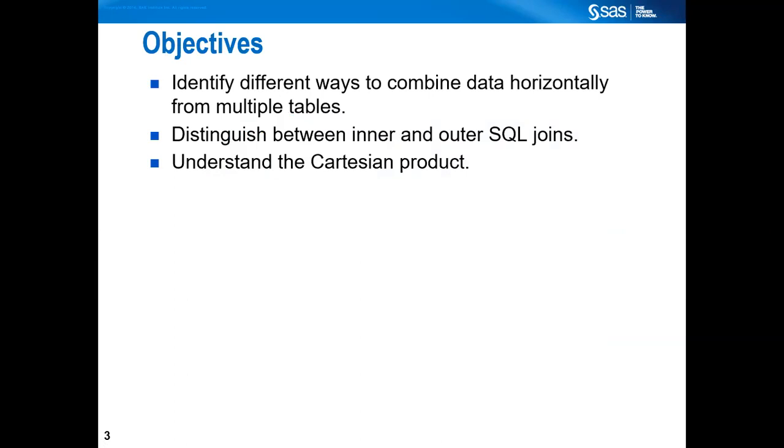So a common column, and of course common values on that column. It was combining and creating a single row between the two tables on a common column, right? I hope you remember. So same thing, we are going to combine the tables horizontally, sideways, from multiple tables, will distinguish between inner and outer joins, and will also understand what a Cartesian product is.